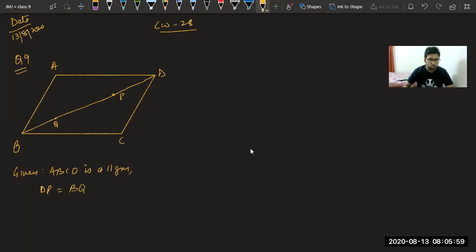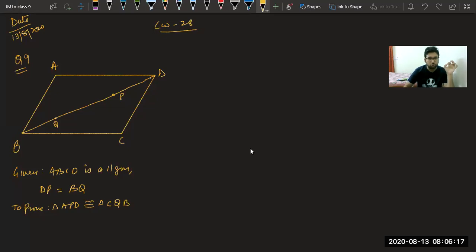Now we have to show the first part, triangle APD is congruent to triangle CQB. I have told you, whatever is being asked from you, just concentrate on that part only.